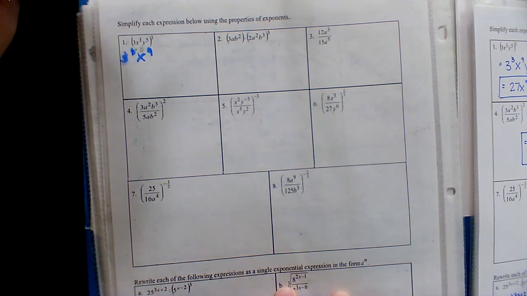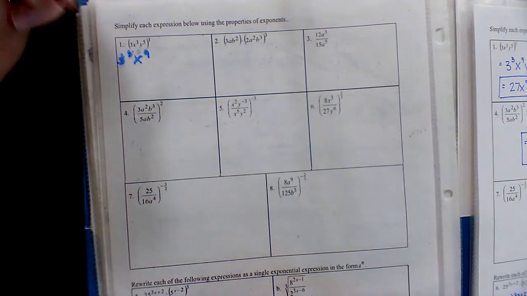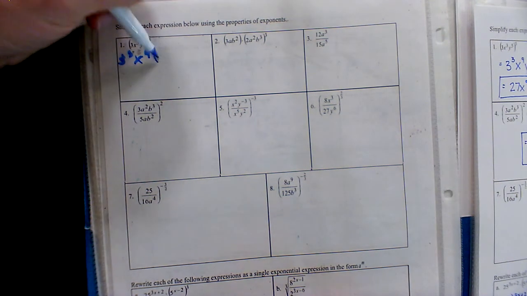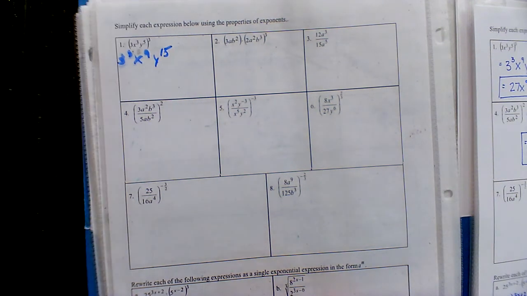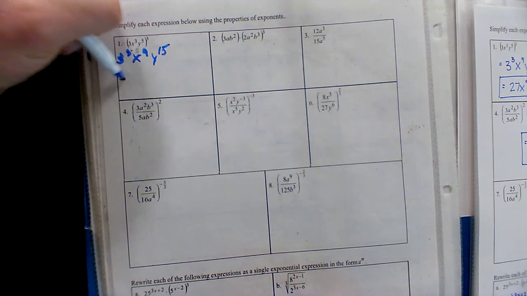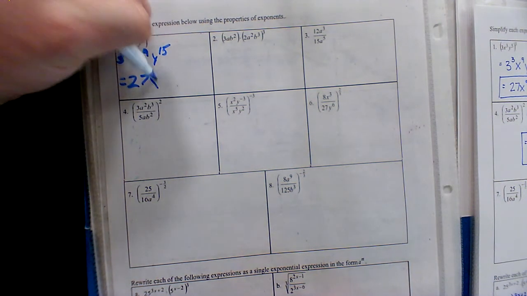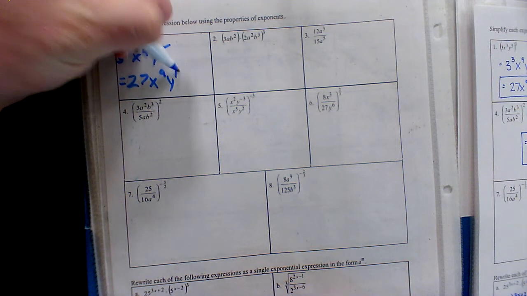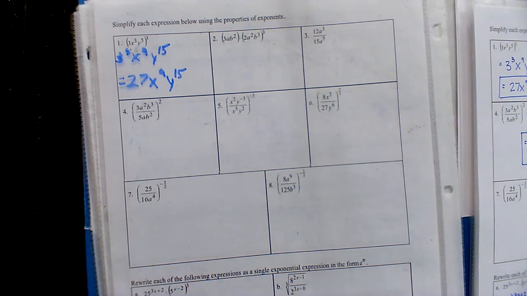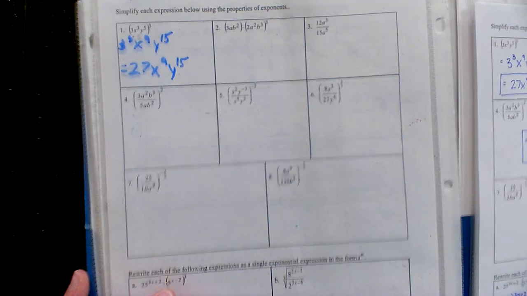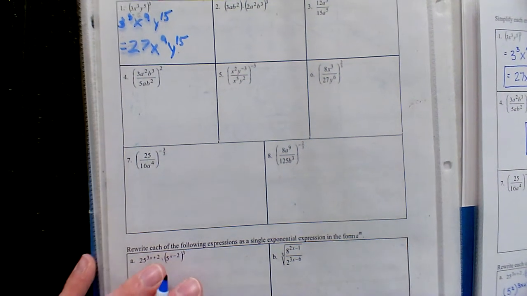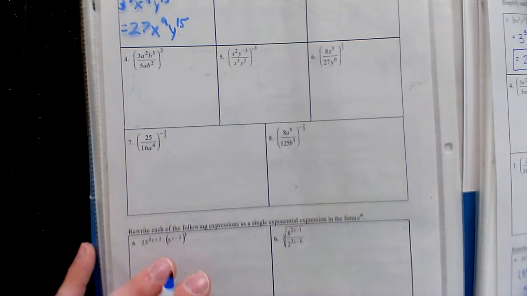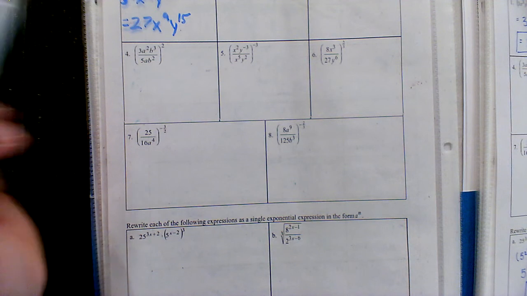And we have y to the 5th to the 3rd power, which again you multiply them, so we have y to the 15th. So our final answer, 3 to the 3rd is 27, x to the 9th, y to the 15th, and we can't simplify that any further. Can't go any further. Those are not like terms. These bases are different.